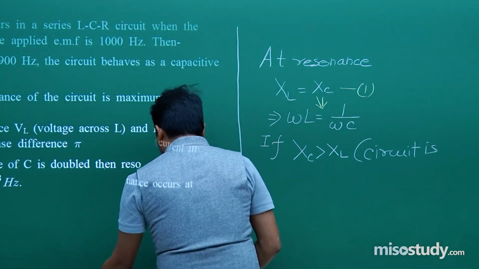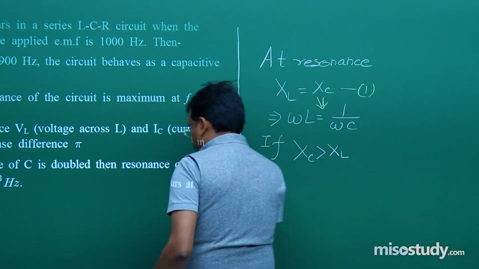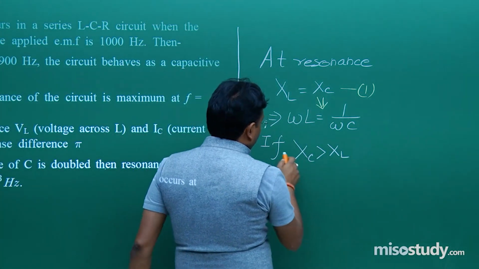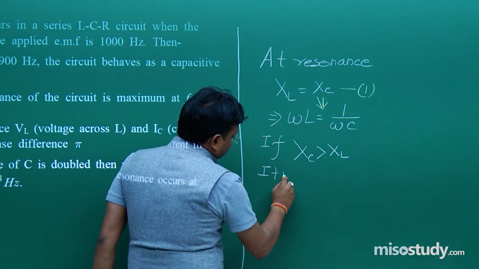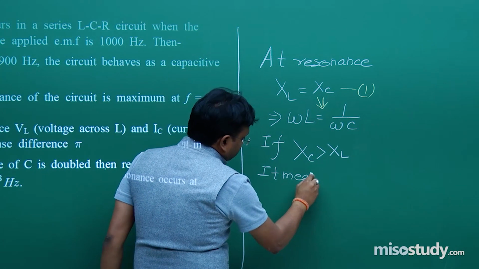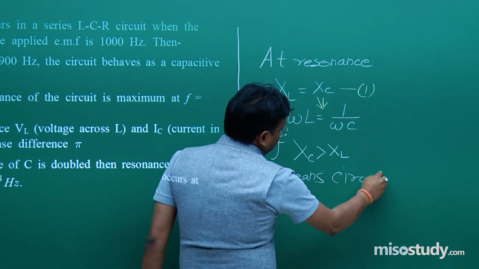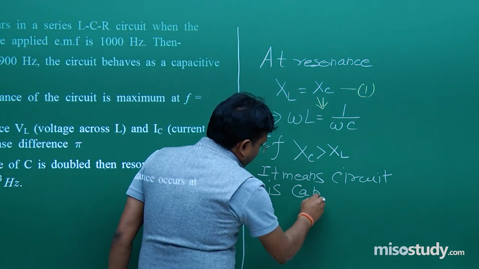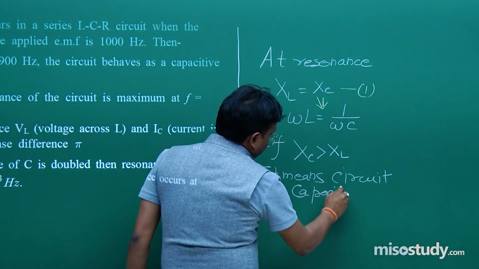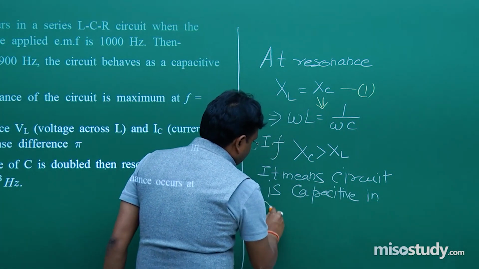I think I should use this space because that way the question is also going to be present. If XC is greater than XL, it means circuit is capacitive in nature.